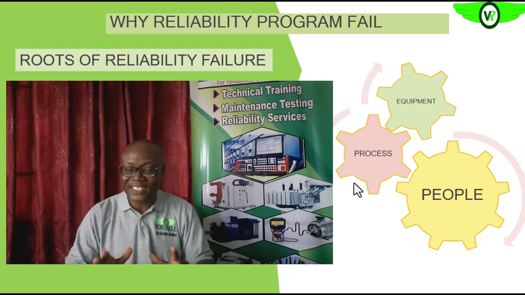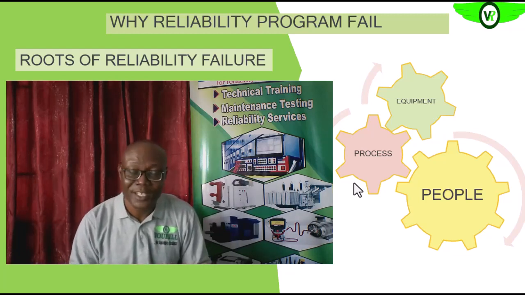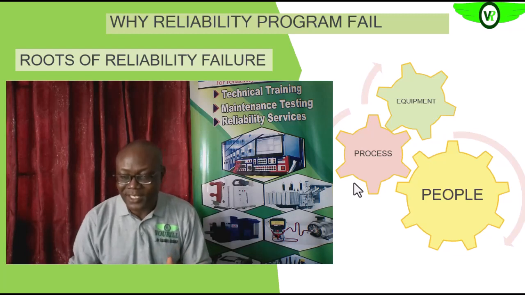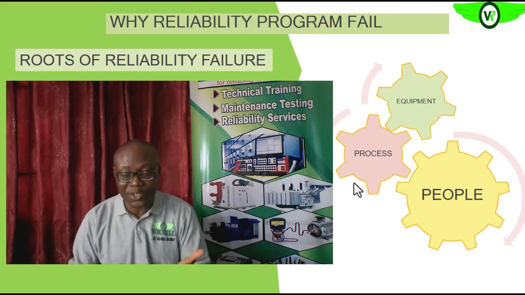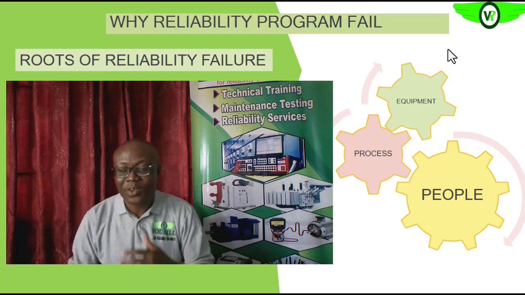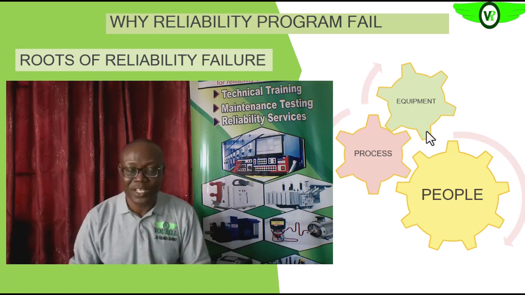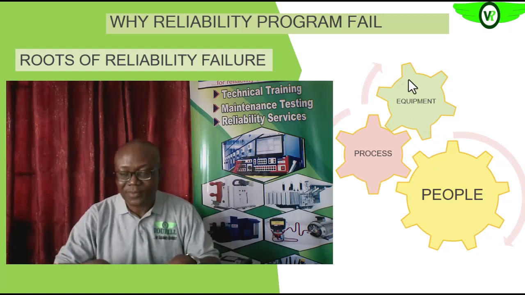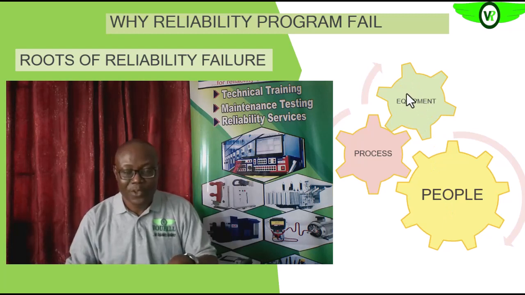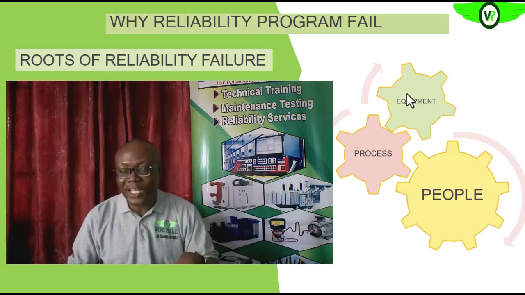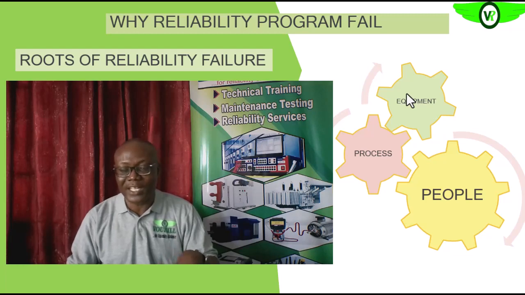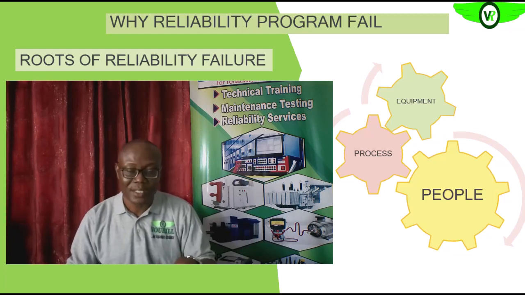One is the asset itself. Let me put it like that, because the people, they are also assets to the facility, but the equipment, or the plant facility itself. Then the other factor that affects plant reliability is the process.